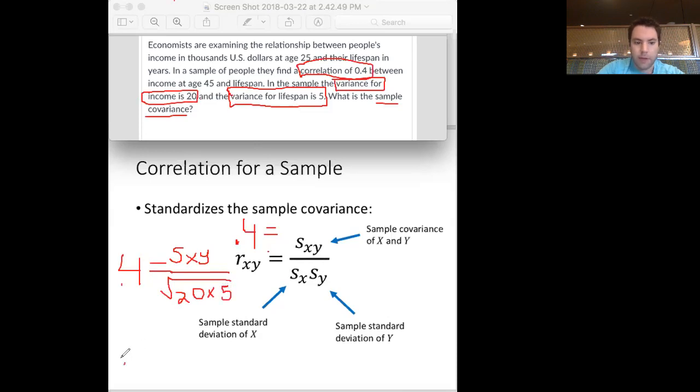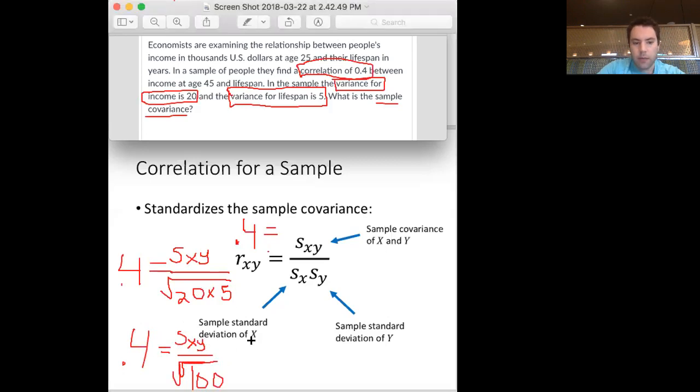So we can simplify this formula to say 0.4 is equal to the covariance of x and y divided by the square root of 100, because 20 times 5 is simply 100.